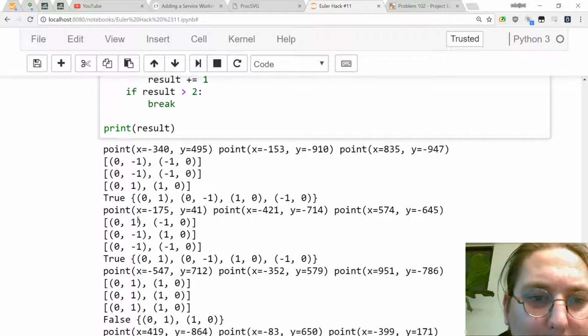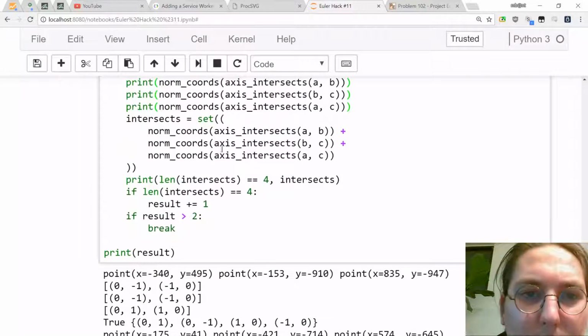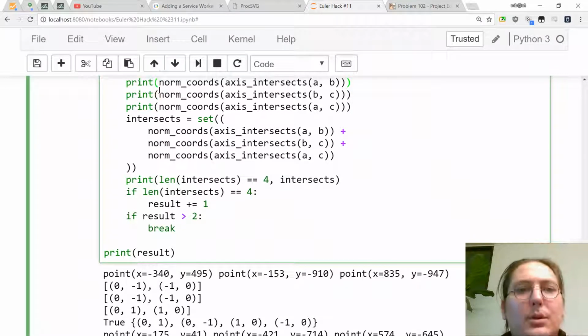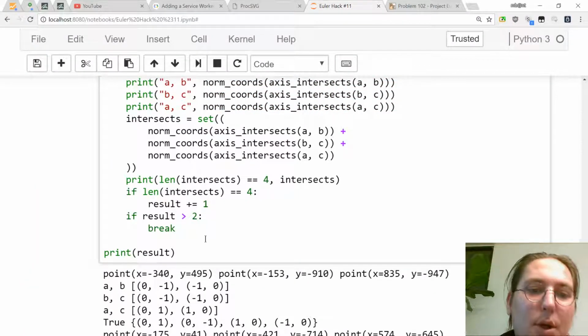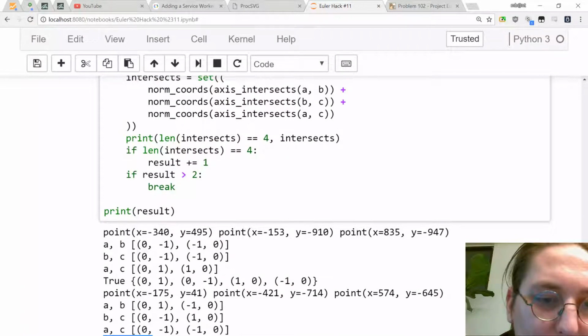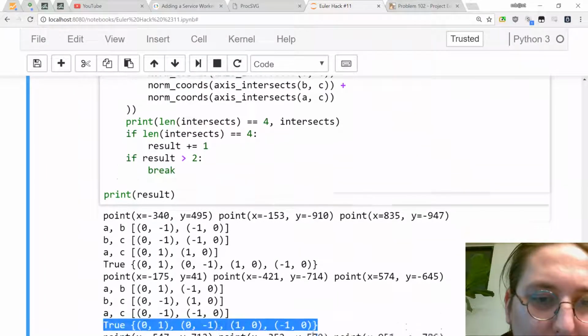So let's see. Are we doing that case wrong actually? Yes. It says it's inside.